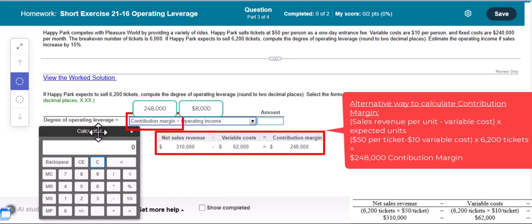So if we put that into practice here, it's 50 minus the $10 in variable costs. That gives us 40. Multiply that by 6,200 tickets, and that gives us 248,000 for that contribution margin again. So again, that's just an alternative way to calculate this.